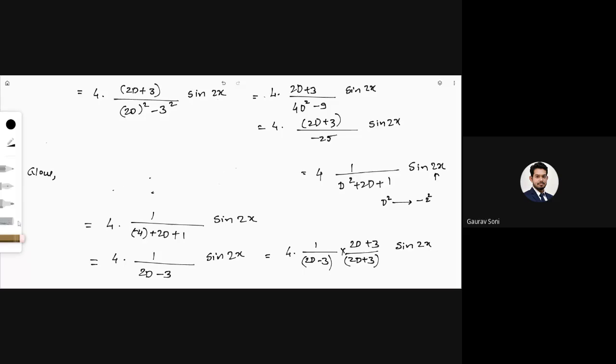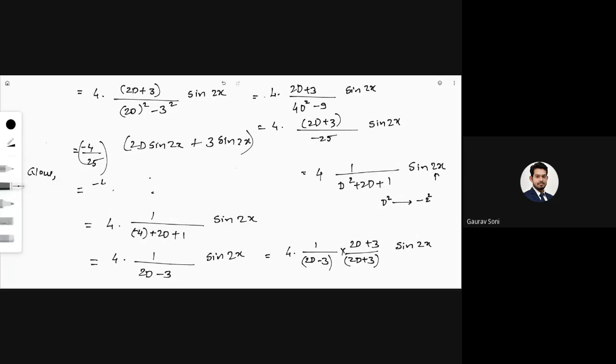So this will be 4 upon 25 minus sine. I will open the bracket to d sine 2x plus 3 sine 2x.